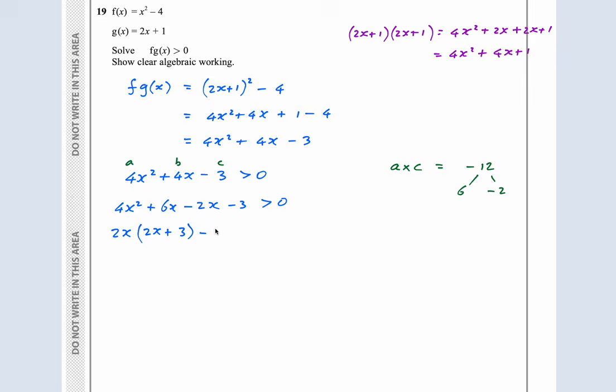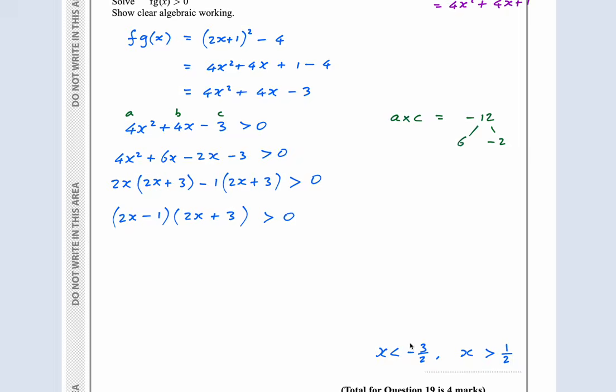I'll take out the minus 1 actually, and I'm left with 2x plus 3. And now I can just write the factors as (2x minus 1)(2x plus 3) greater than 0. And now at this point you can just write down the answer.